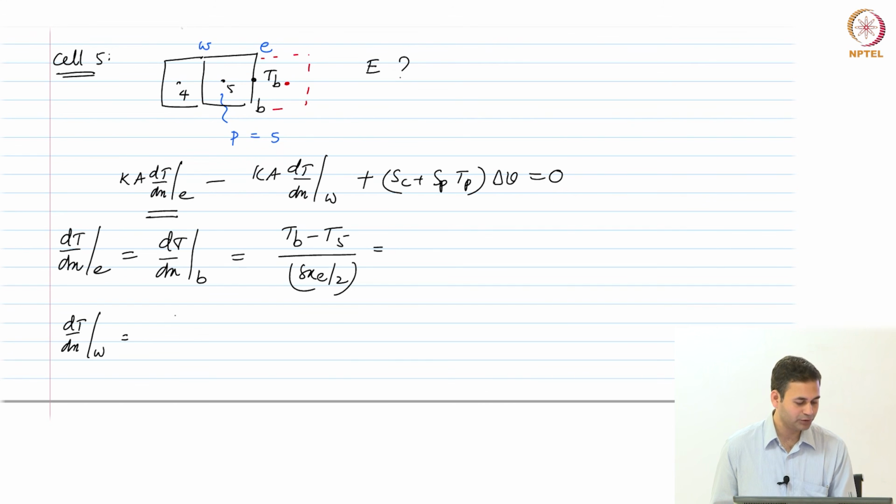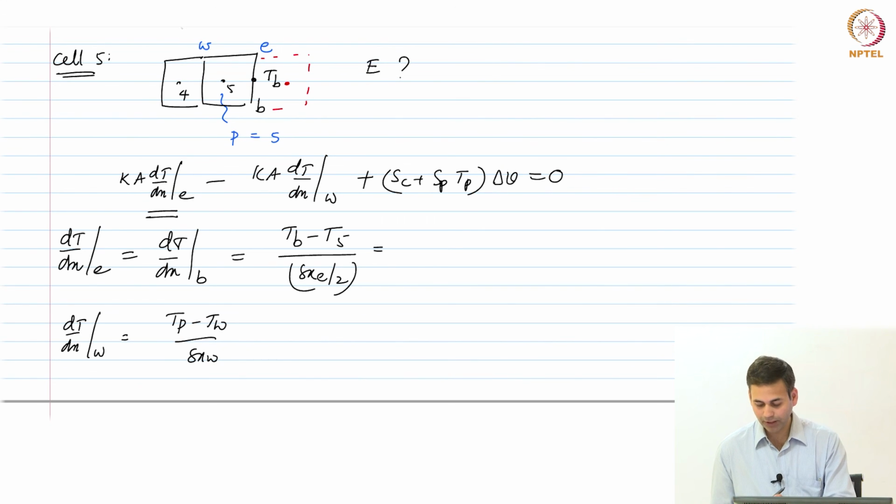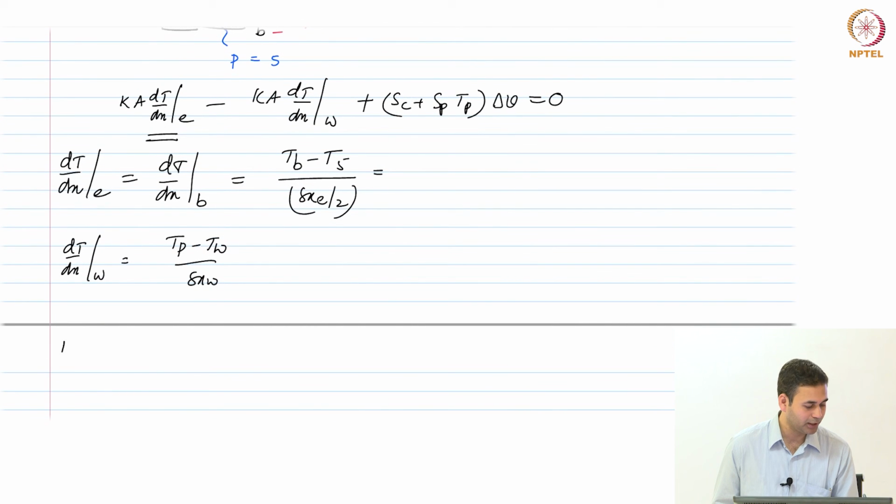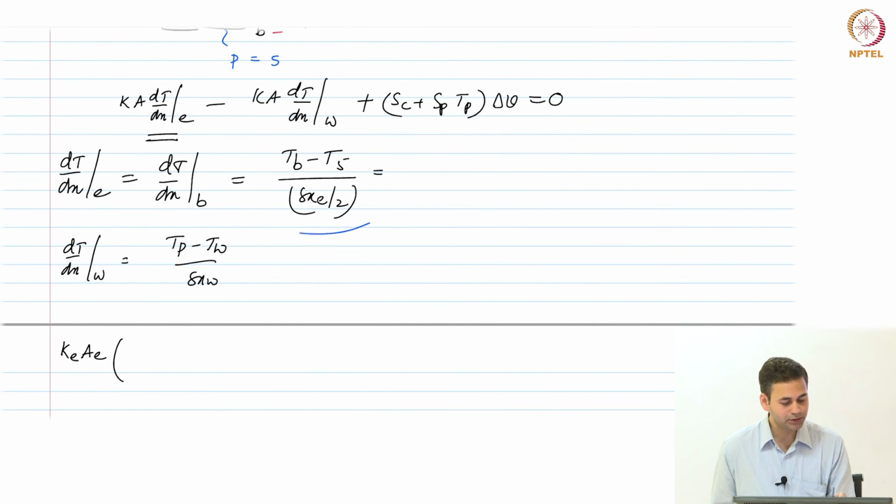It will be same as before, this will be Tp minus Tw by del xw, that would remain the same, that means T5 minus T4 by delta x, okay, that is the same thing. Okay, fine, we will plug these in back here. This will give us Ke Ae times dT/dx east would be this value, Tb minus T5 by del xe by 2, okay.